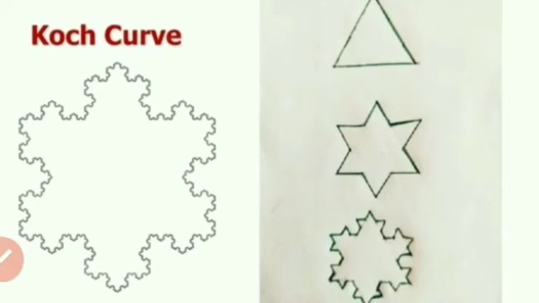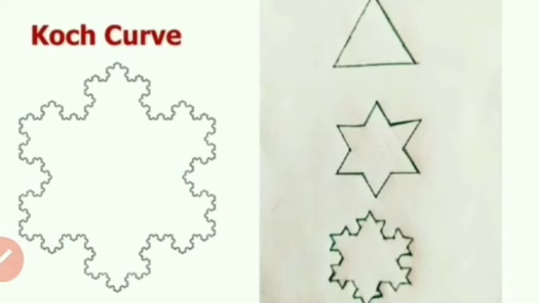From these diagrams of Koch curves, the most important points to note are: each repetition increases the length of the curve by a factor of 4 by 3. Second, the length of the curve is infinite.